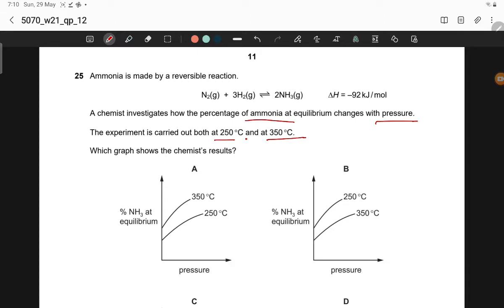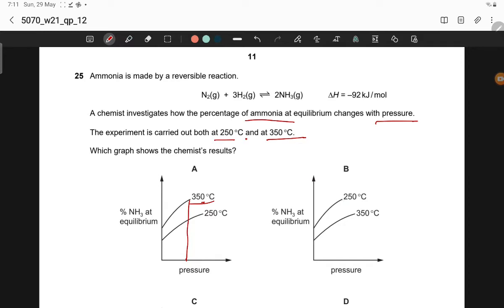So 350 degrees centigrade and 250 degrees centigrade. The percentage of ammonia at equilibrium. At 350 degrees centigrade it is more at this lower pressure.